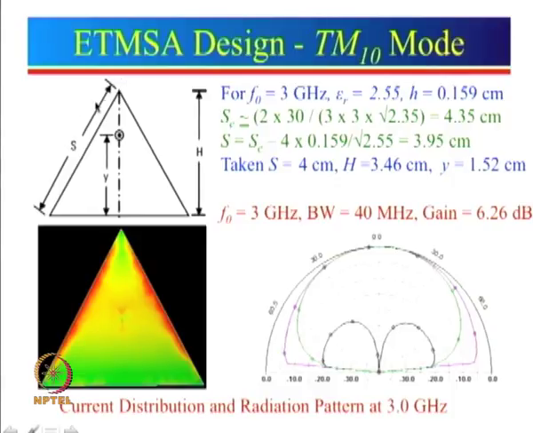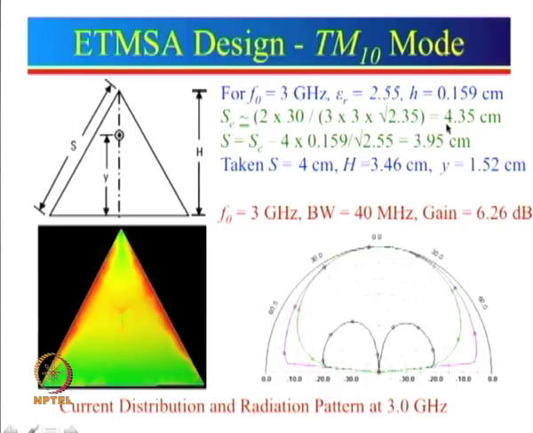We find out the effective area of this triangle, we equate that with the effective area of a rectangle of this length and calculate the corresponding width. For that width we need to calculate epsilon effective, and since the effective width will be small, epsilon effective will be relatively small. So, I just took 2.35, but you can always do a little longer method, but this one generally works quite okay.